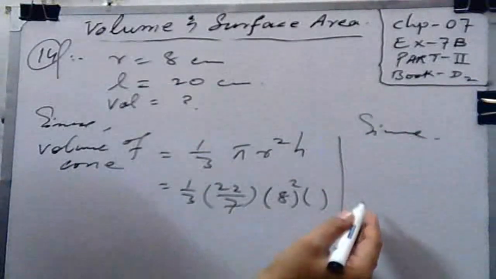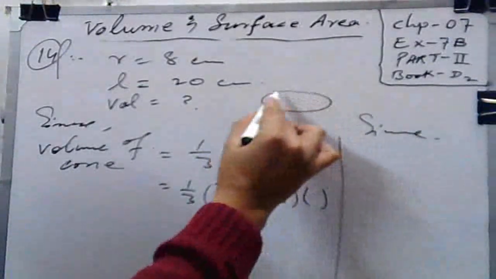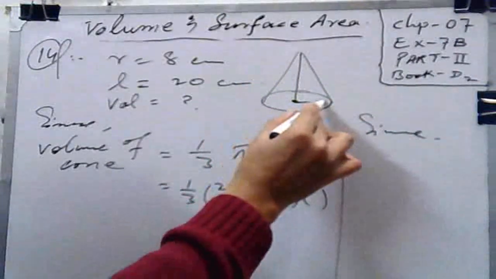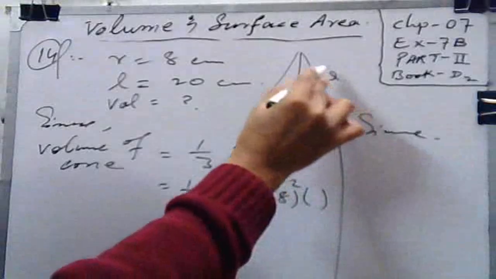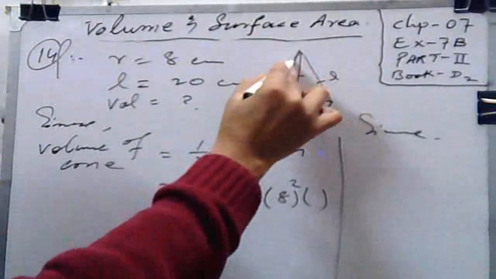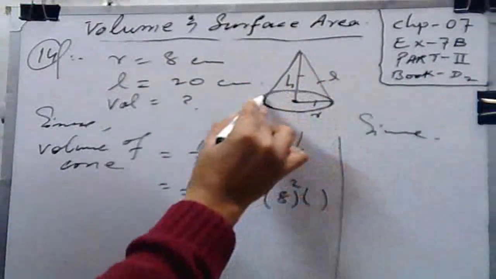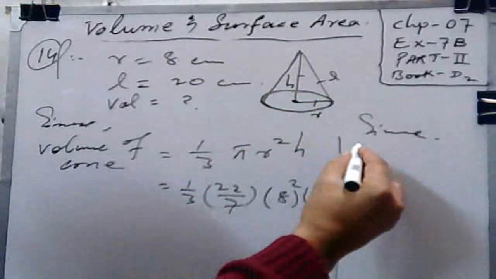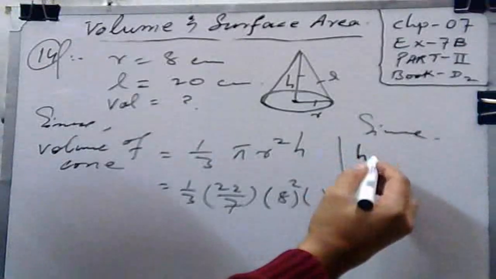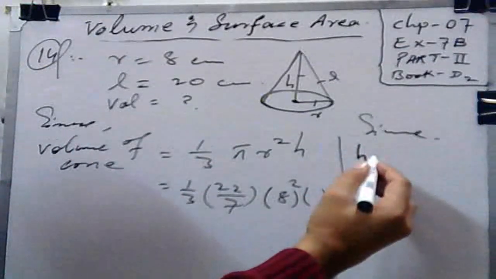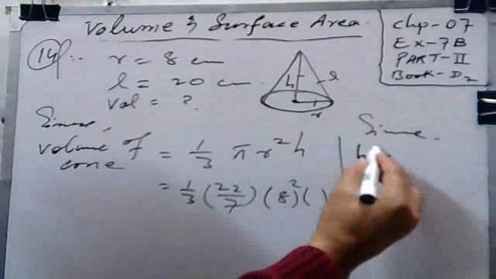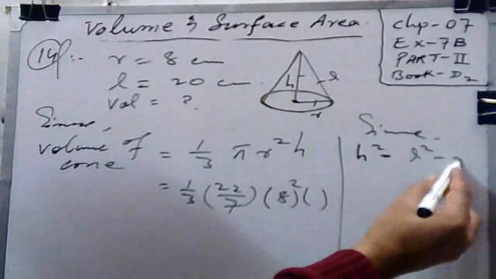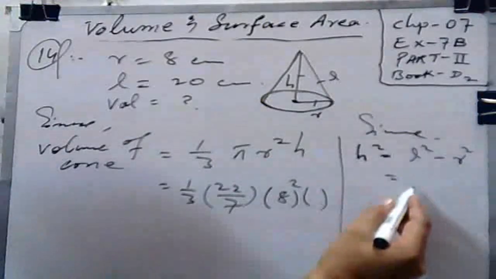How can we find h if we have a cone like this? Once again, by the same method, that is your r, that is your l, that is your h. By using Pythagoras theorem, h square is equal to l square minus r square.